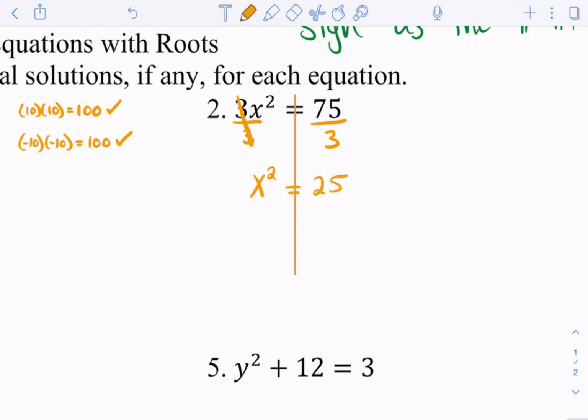Then again, I need to get rid of the squared. To get rid of the squared, I have to square root. When you square root an even exponent, my answer is going to be positive and negative. The square root of 25 is 5, so my two answers are negative 5 and positive 5.